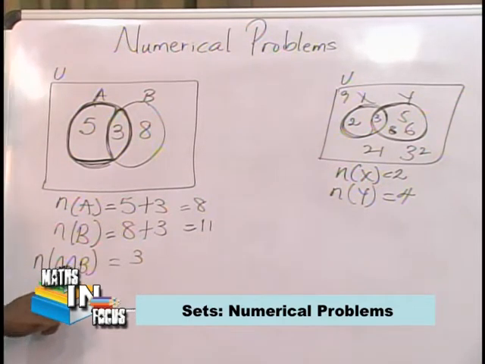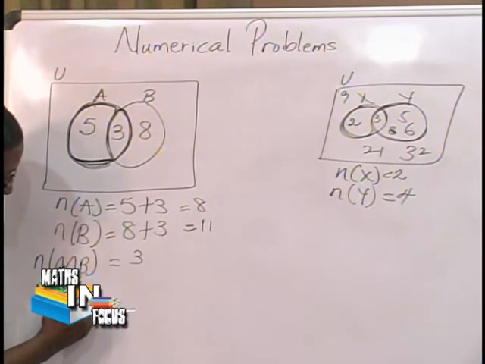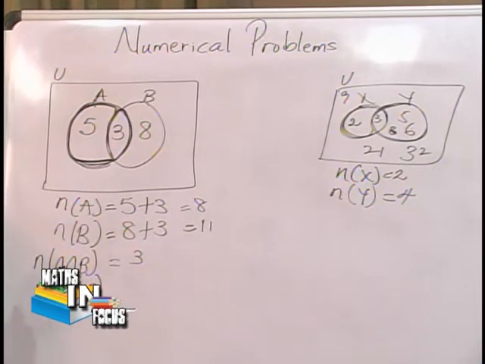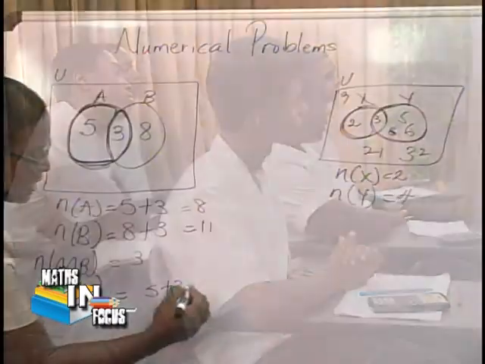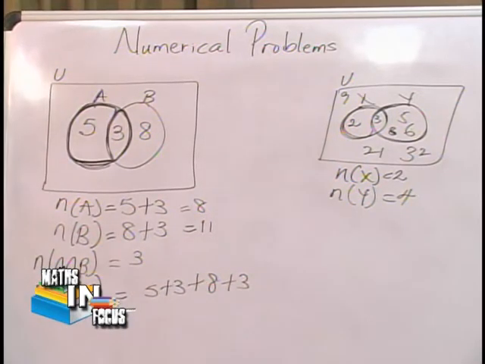Now we intersected A and B. We want the number in A union B. And A union B, as we said, it's all of A and all of B. And all of A would be 5 plus 3 plus 8 plus 3. Isn't that so?